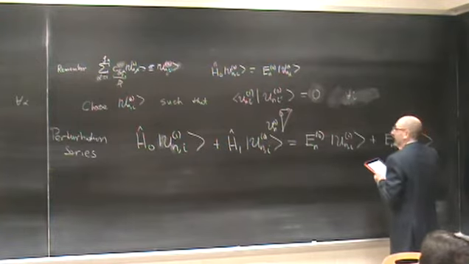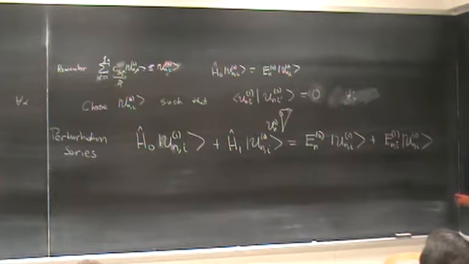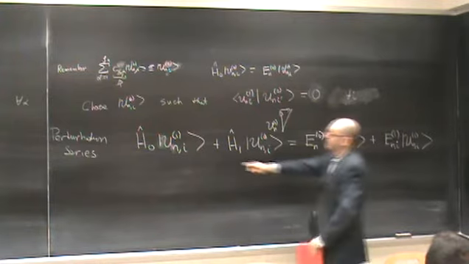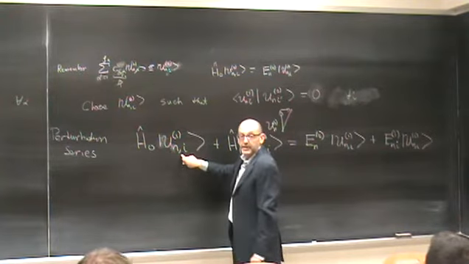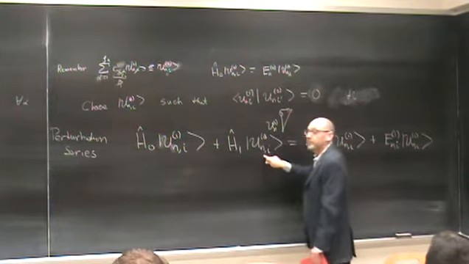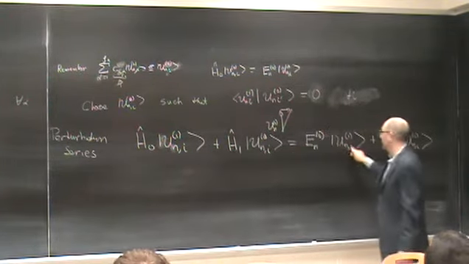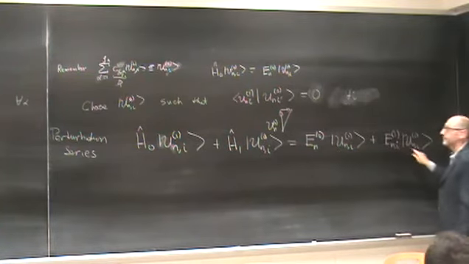This can depend on I. So this is a first order piece of the Schrodinger equation, right? This is a first order piece, and this is a first order piece. Equals, this is a first order piece, and this is a first order piece.